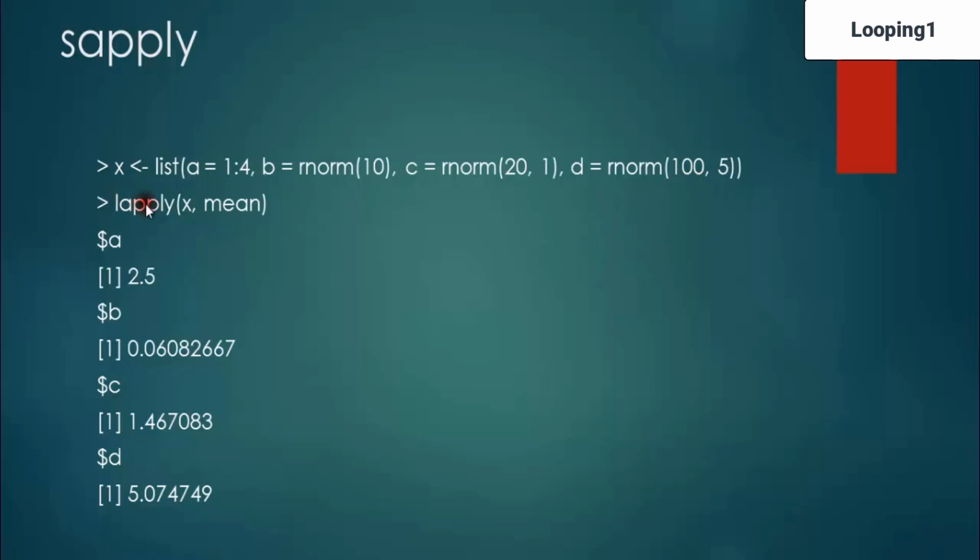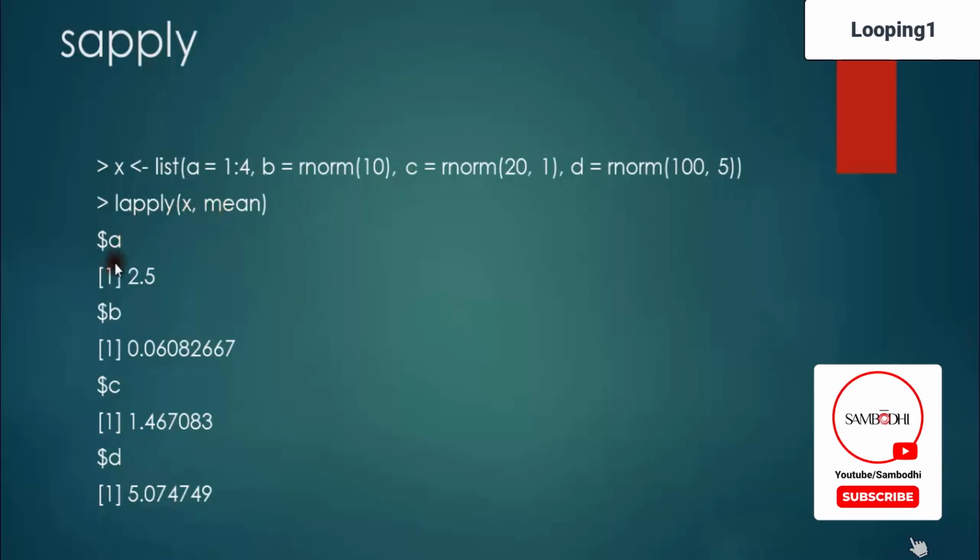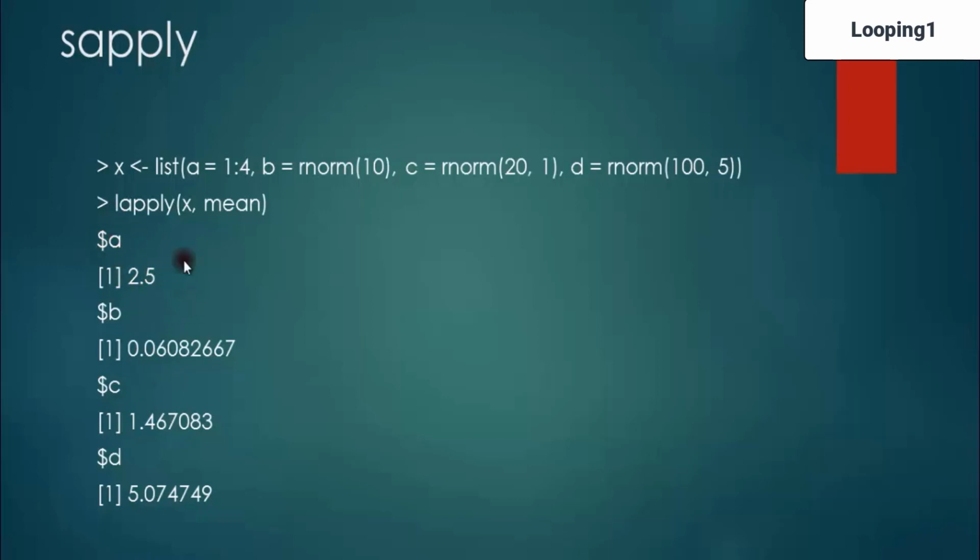When I apply lapply of x comma mean, you'll find 2.5 and the means of the random normal variables. The mean function is applied to all these variables. As you can see, the result is a list, with $a, $b, $c, $d each pointing to a particular mean value. We have only one element inside each element, so that's why it gives us a list.